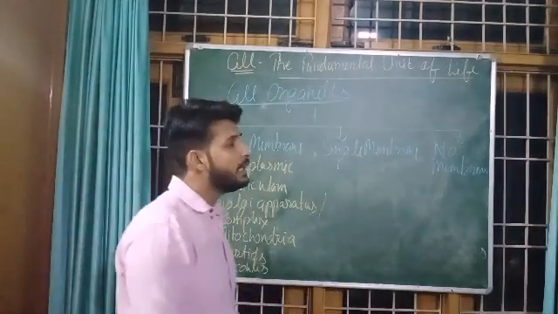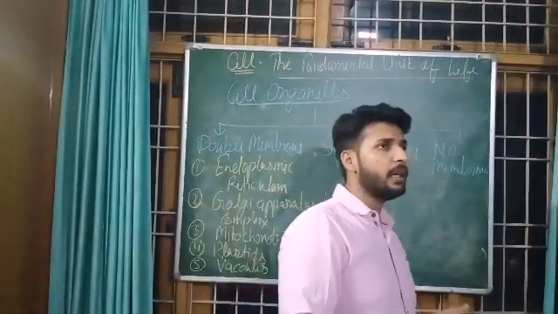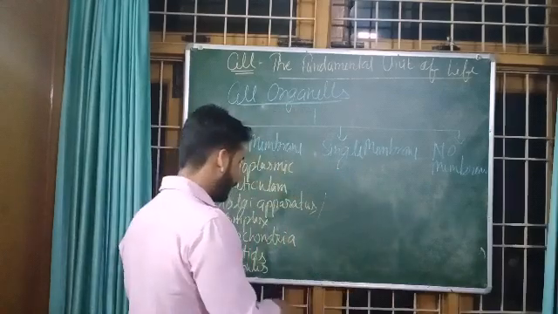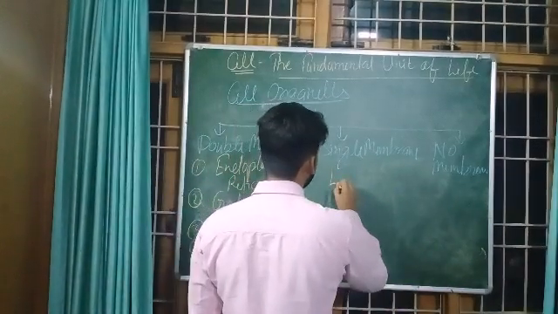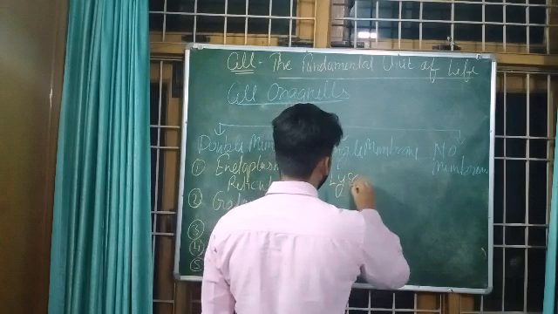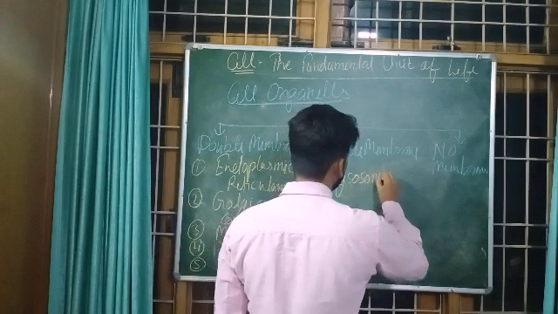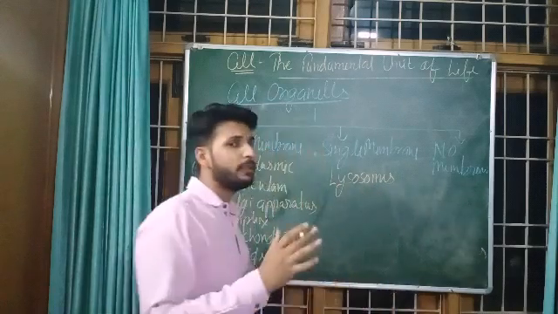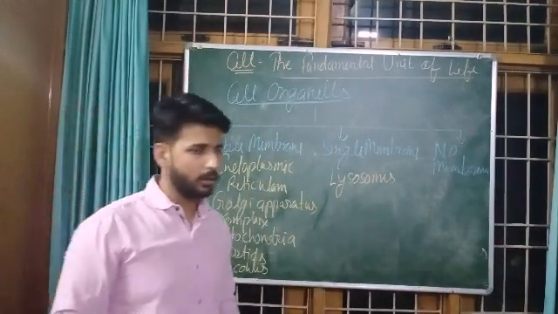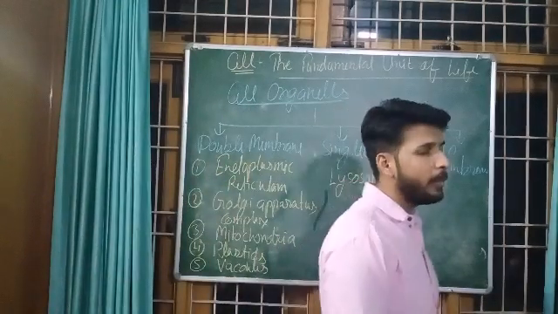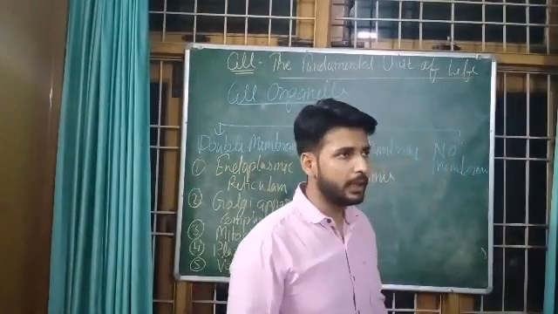Next is single membrane bound organelle. What are those? We have only one, that is lysosomes, which are found only in animal cells. Got it? Next is no membrane bound organelle.